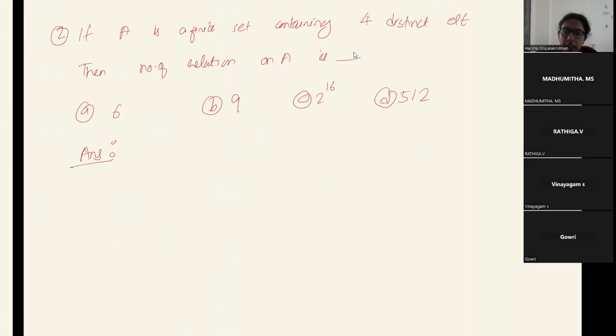It's 2 power 4 only. Can anyone answer this one? What is the correct answer out of these 4 options? Madam, 2 power 16. Option C. No, it's 2 power 4.